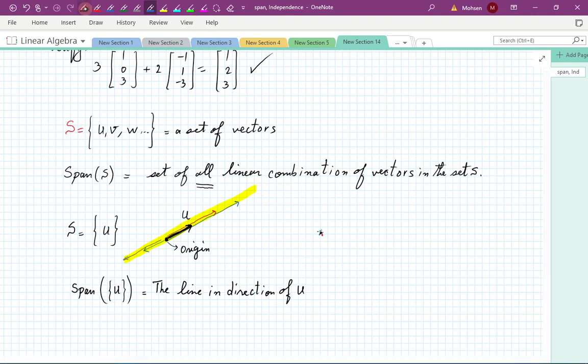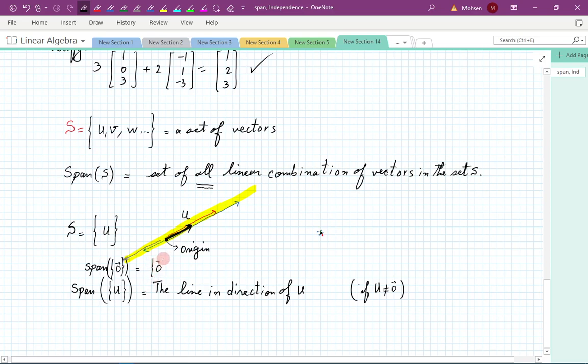So here we have to write our fine print. If u is not 0, not the 0 vector, it has to have some extension, then the span of it is going to be a line. If I have the vector 0 there and I want to look at the output, this is going to be just a set consisting of the origin only.